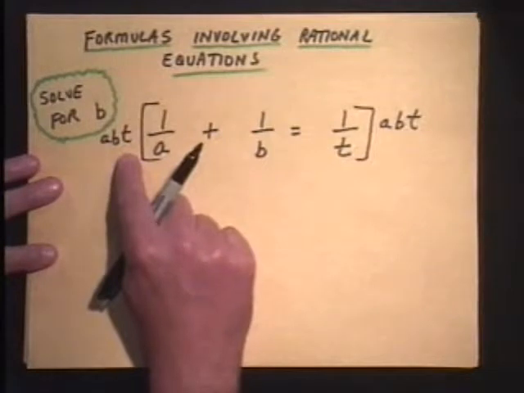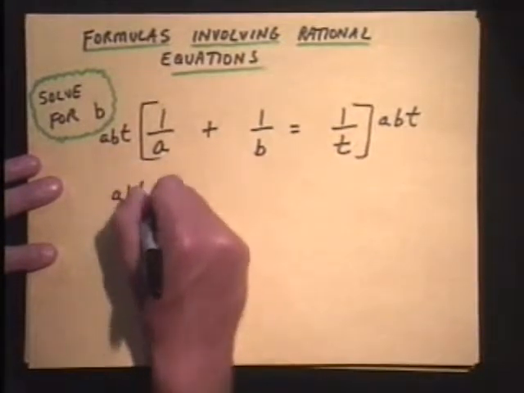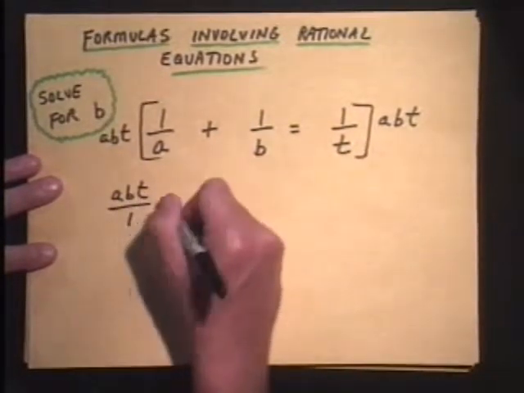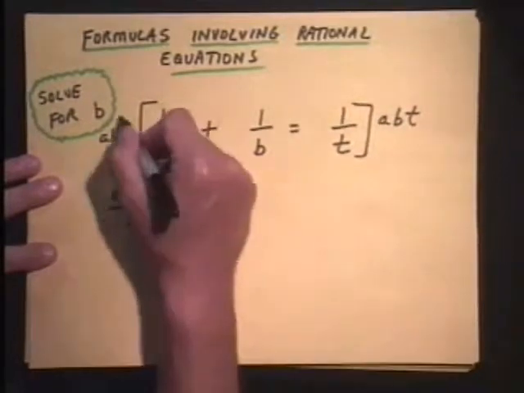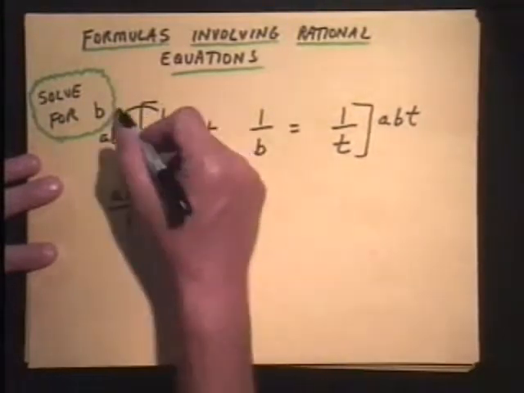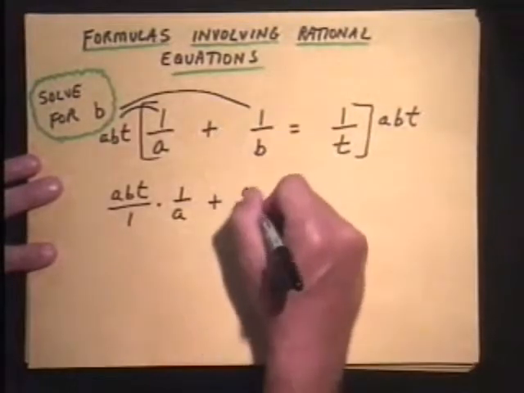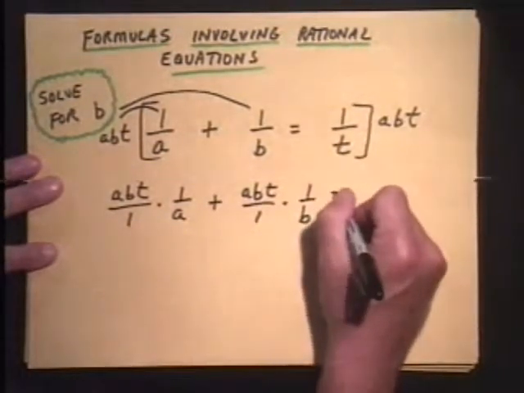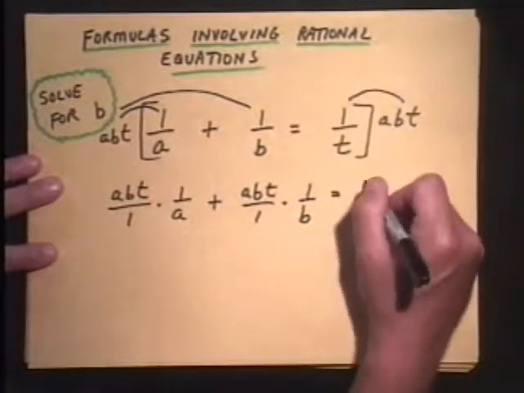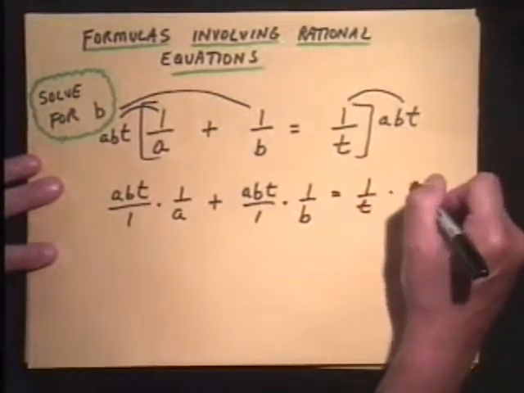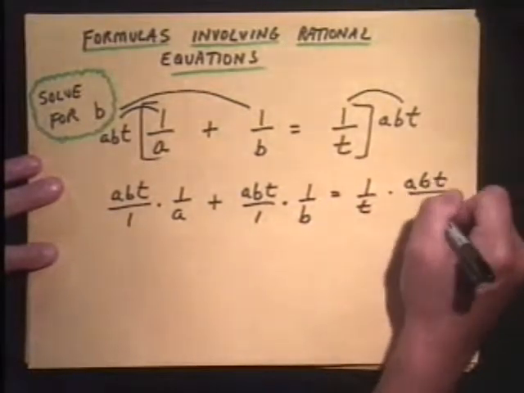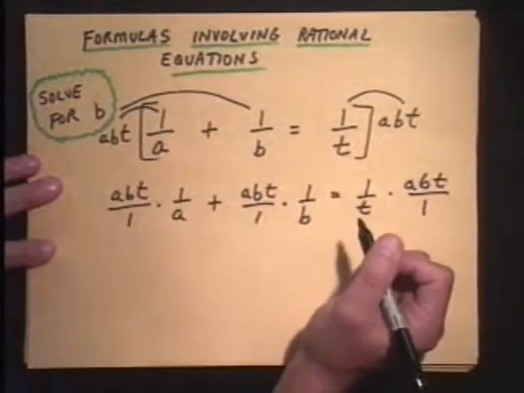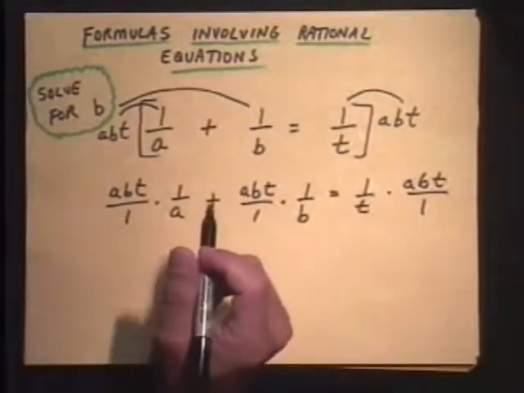So if you take the ABT here, we'll set this up: ABT over 1 times 1 over a, so we're going to distribute, multiply that through, plus ABT over 1 times 1 over b, equal to 1 over t times the ABT, the common denominator, over 1. And you all know what now? We can chop.